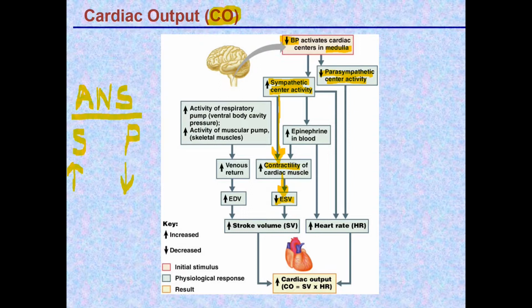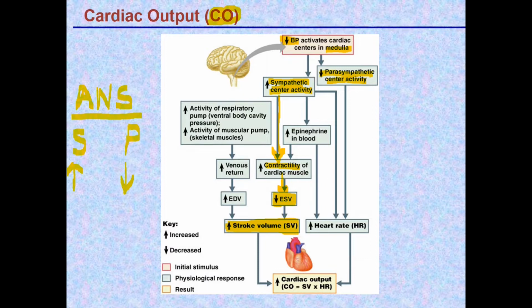Stroke volume is end diastolic minus end systolic. If end systolic goes down, then stroke volume goes up. That also makes common sense, right? Because if you increase the contractility of the heart, not only are you decreasing the amount of blood left in the heart at the end of systole, but you're increasing the amount it puts out, right? So stroke volume goes up.